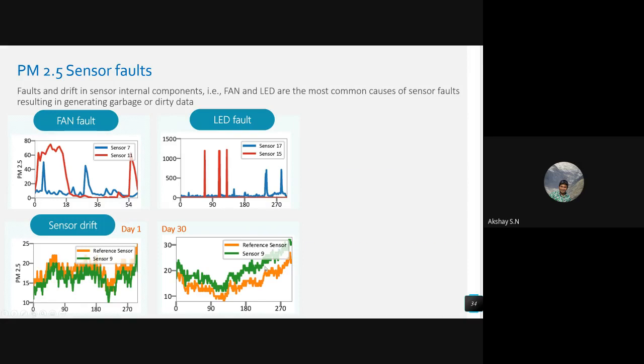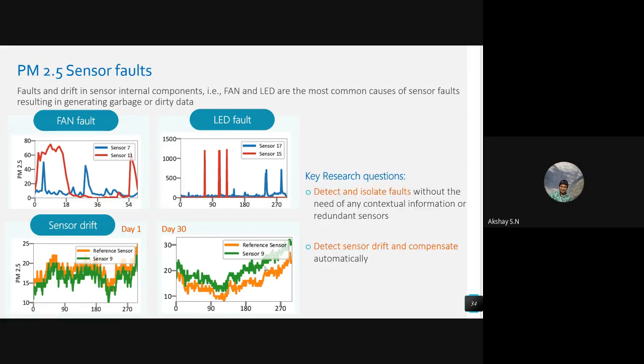So the key question we are trying to ask here is, how can we detect and isolate faults in these sensors? Like, how can I tell which one is a fan fault, which one is a LED fault? And the second key question we are trying to answer is, how can we detect there is a sensor drift? Because today, to detect sensor drift, you have to bring back the sensor to the original location, which is not feasible.